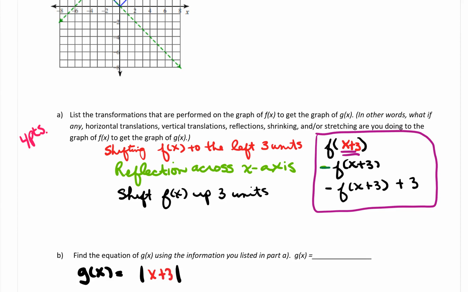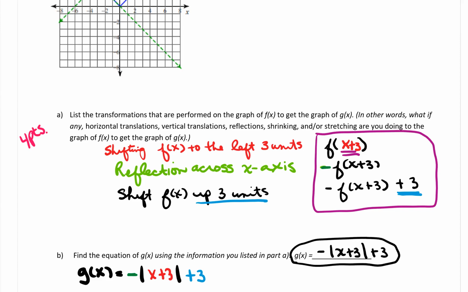Then we're putting the negative outside of the absolute value to reflect it across the x-axis. And then we're shifting it up 3 units, so we're adding this 3. So we now have our equation of g of x: negative absolute value of x plus 3, outside the absolute value plus 3. This also was worth 4 points.